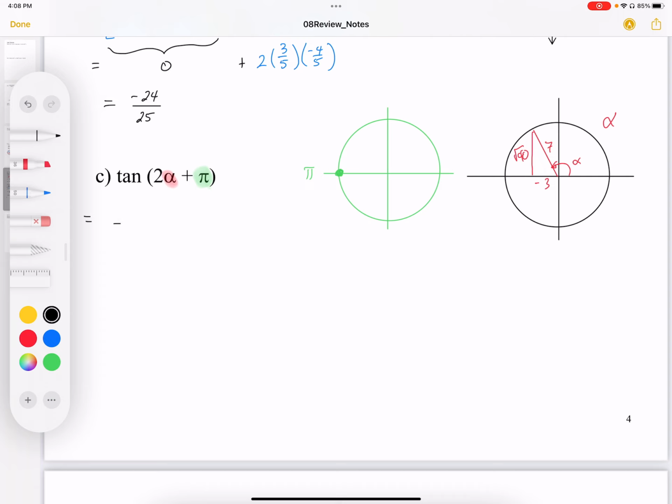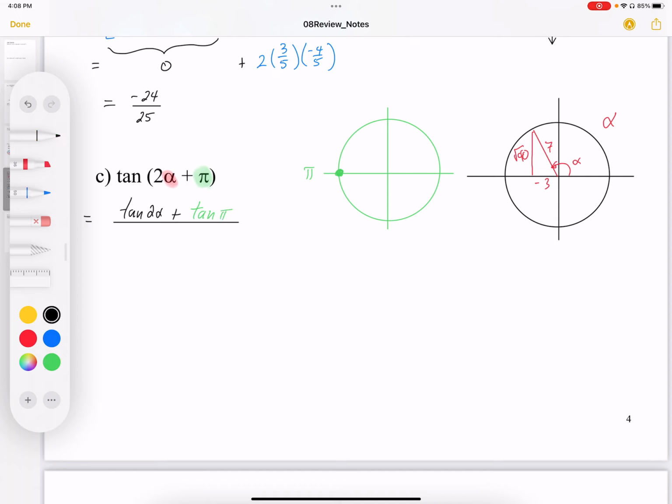Looking at my formula sheet, I'm going to end up with tan of 2 alpha plus tan pi. Do this in a different color. So tan pi, I already have.